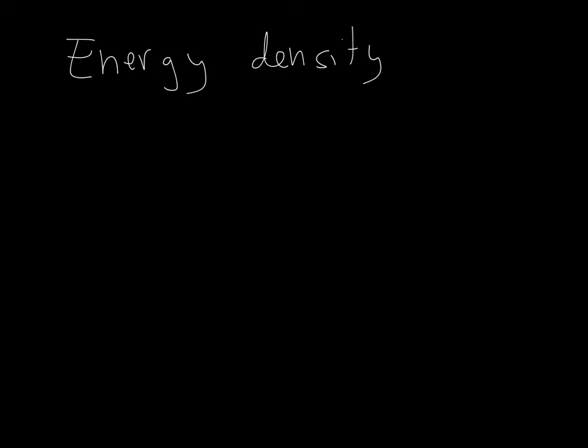And the same goes if I get 1 kilogram of uranium and I get it to fuse, then I'm going to get a different amount of energy. So each different substance has a different energy density. We define energy density as the energy per unit volume that a substance will have. And of course the units will be joules per meter cubed.